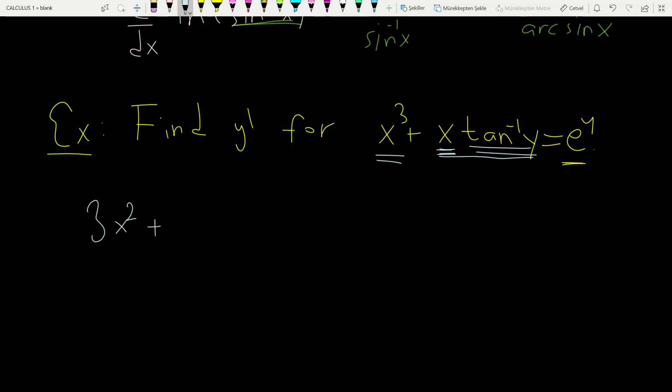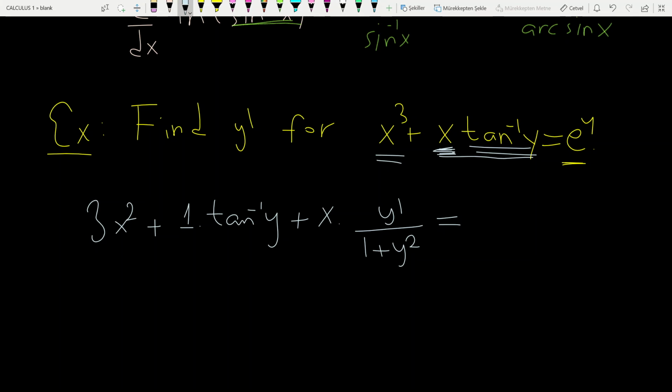Derivative of first function is 1, times the second function itself, tangent inverse y, plus the first one, which is x, times derivative of arctangent y. Derivative of arctangent y is equal to y prime over 1 plus y squared. Okay?